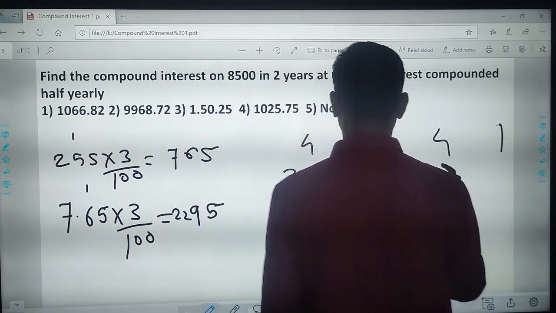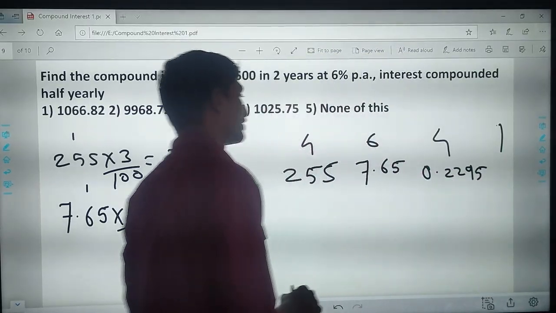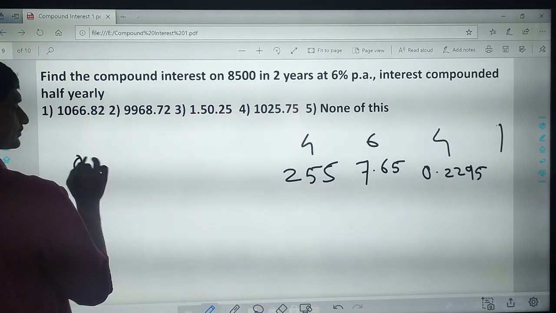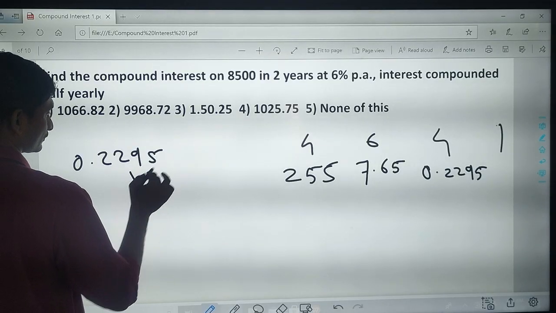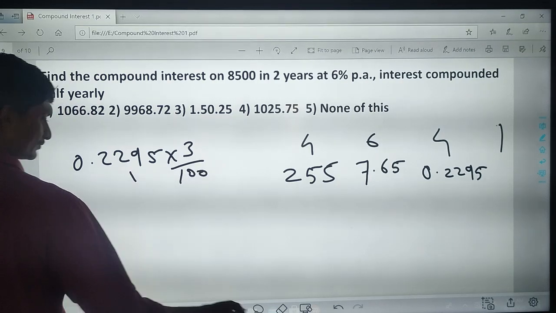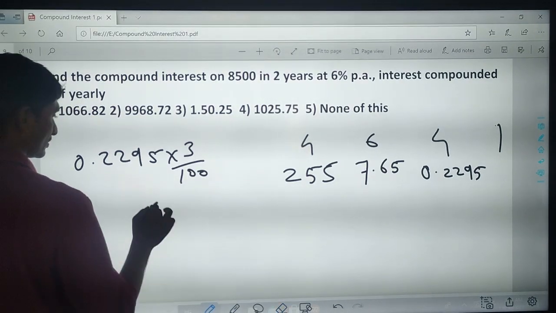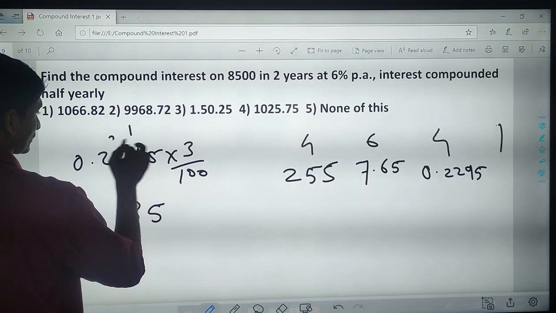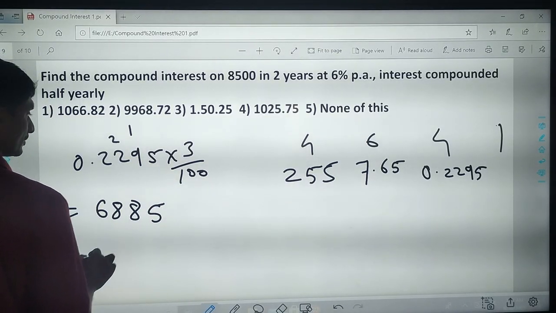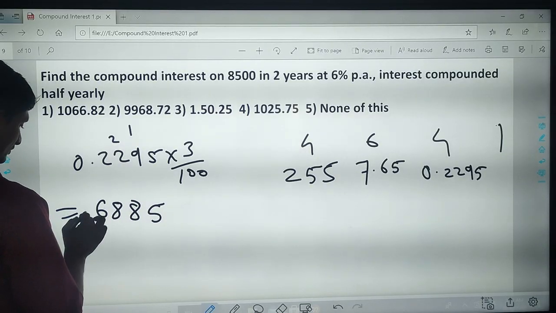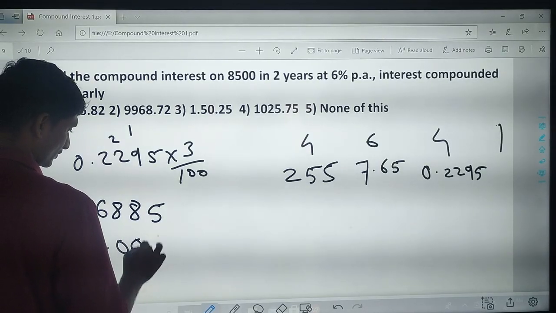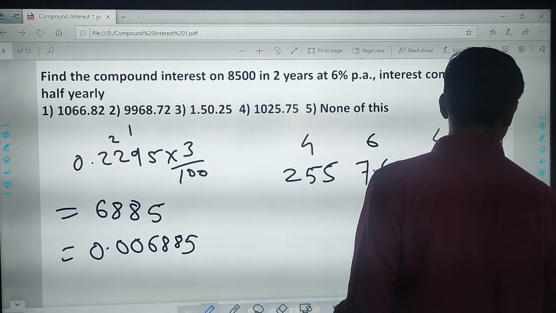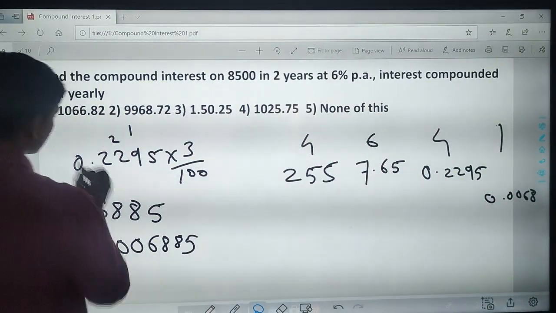0.2295. We get 3% of this value. 0.0068. Now here we take cross multiplication and get addition.